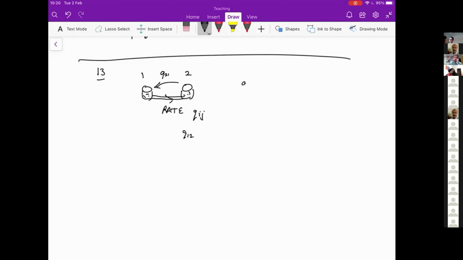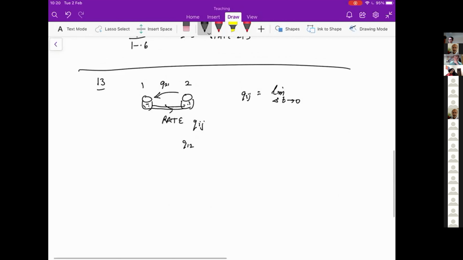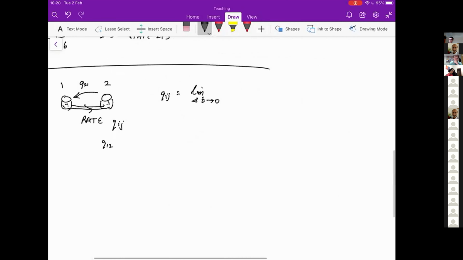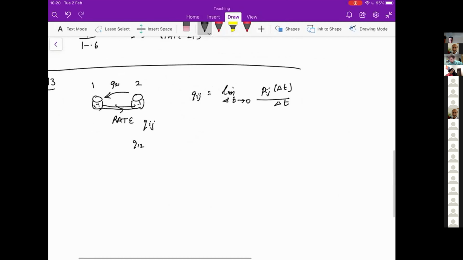So Qij, for example, is the limit as delta t tends to 0 of Pij(delta t) over delta t. Essentially it's saying, over the time period delta t, how much mass am I transferring?